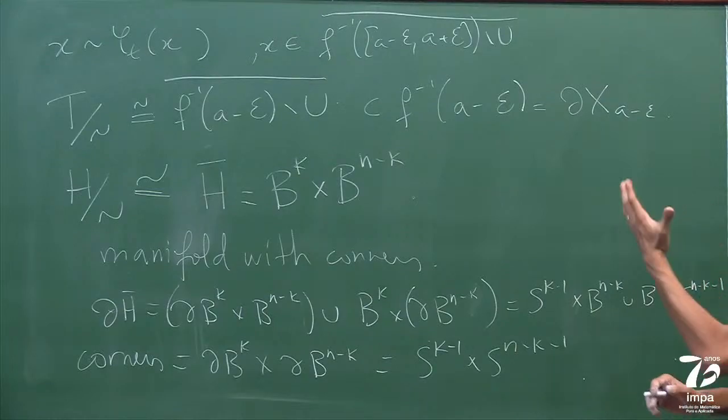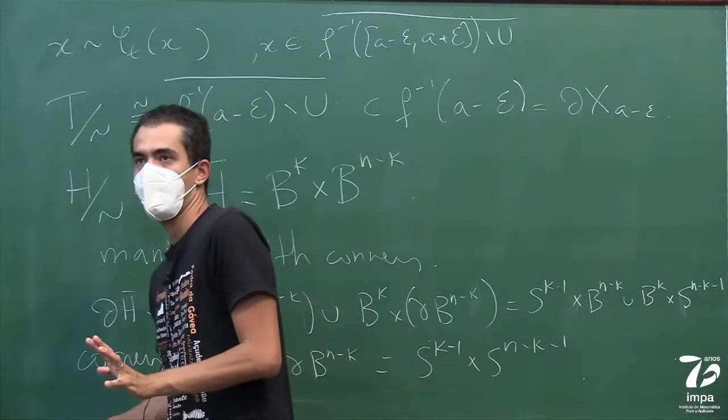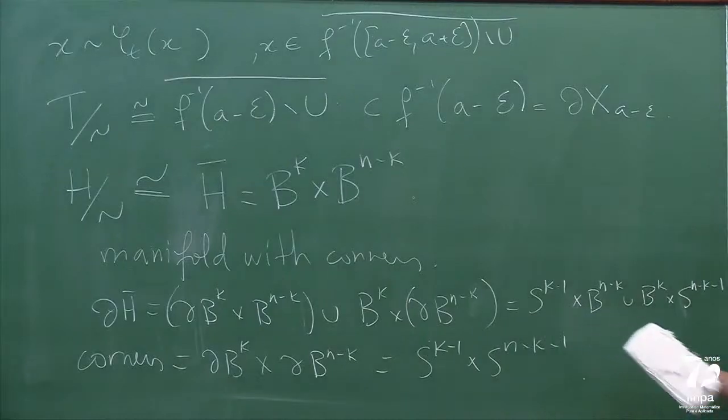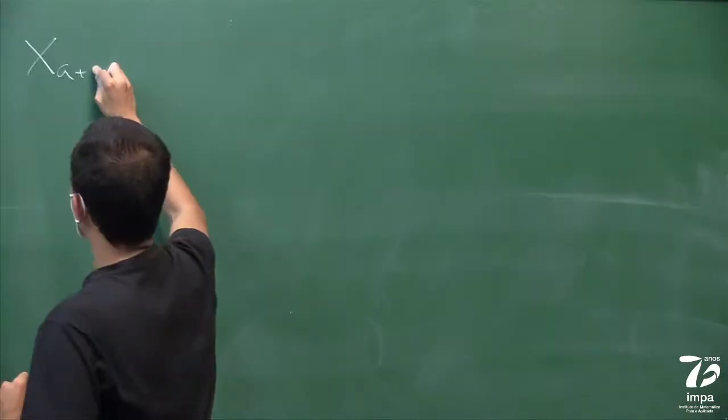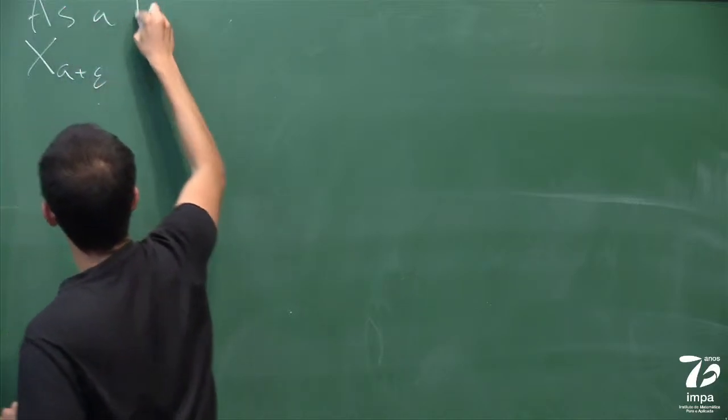And then what is happening to the topology, at least if you ignore questions of smoothness, just the C0 topology? What's happening to the manifold as a topological manifold is the following. How do you build this as a topological manifold?